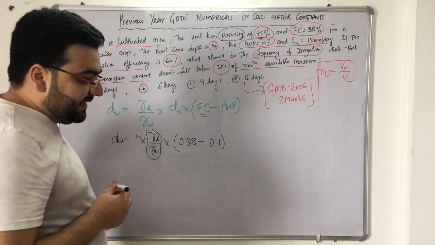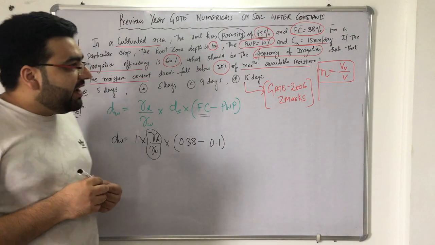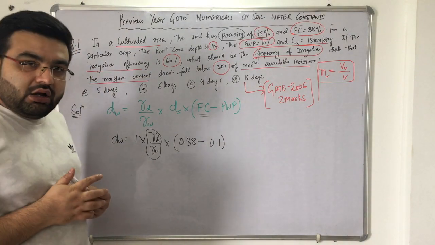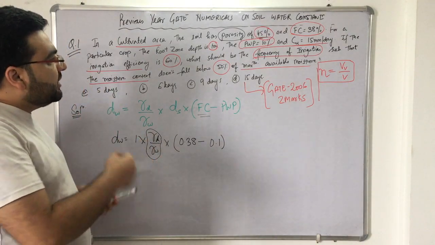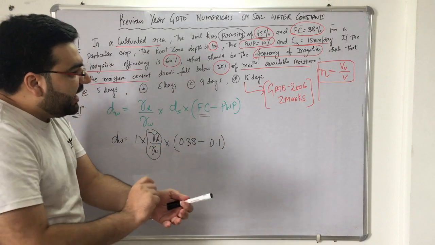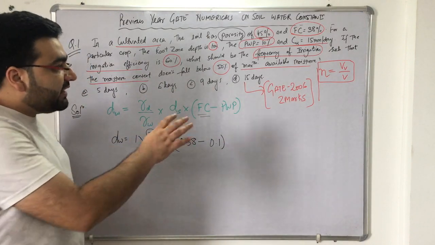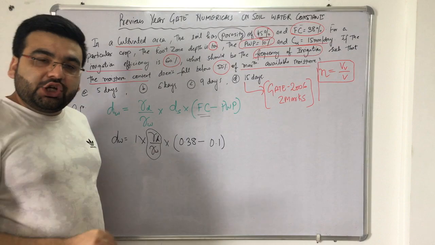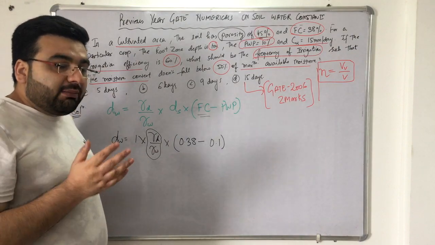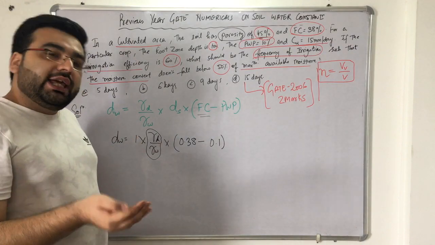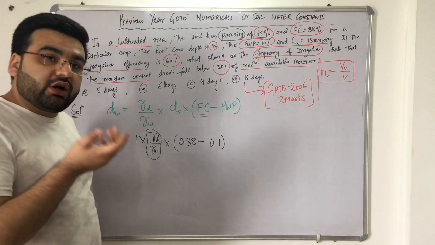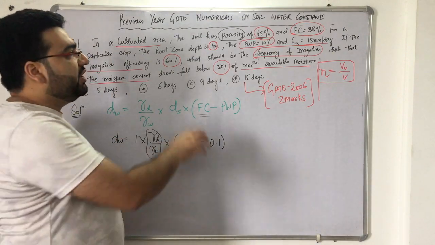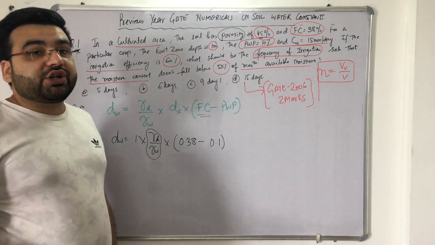One more tip for you: whenever I am solving any numerical, don't just play the video and write in your notes what the numerical is. First of all, pause this video and think about how to solve this numerical. If you are able to solve it, well and good. If you are not able to solve it, then play the video again and see how the question has been solved.